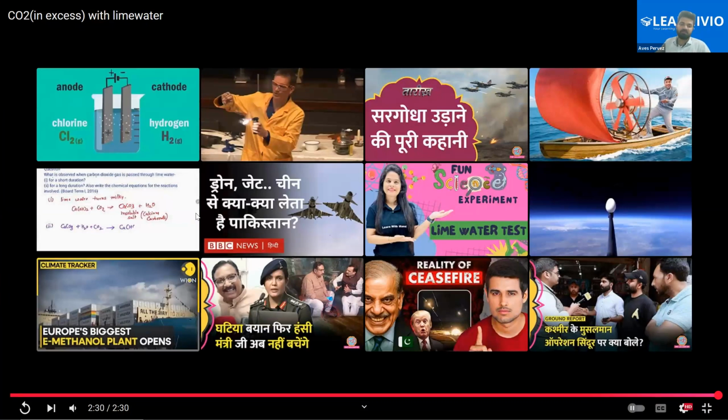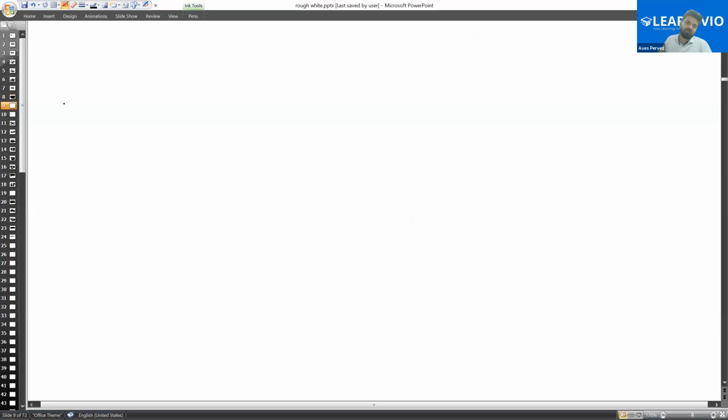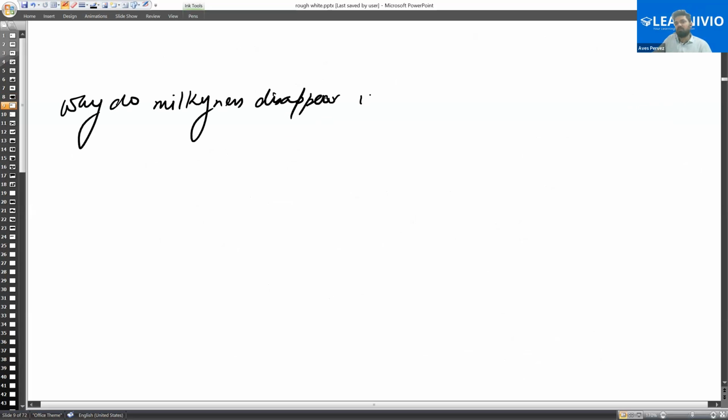Now you understood the concept. So note it down. Why does the milkiness disappear when excess of CO2 is passed through lime water?